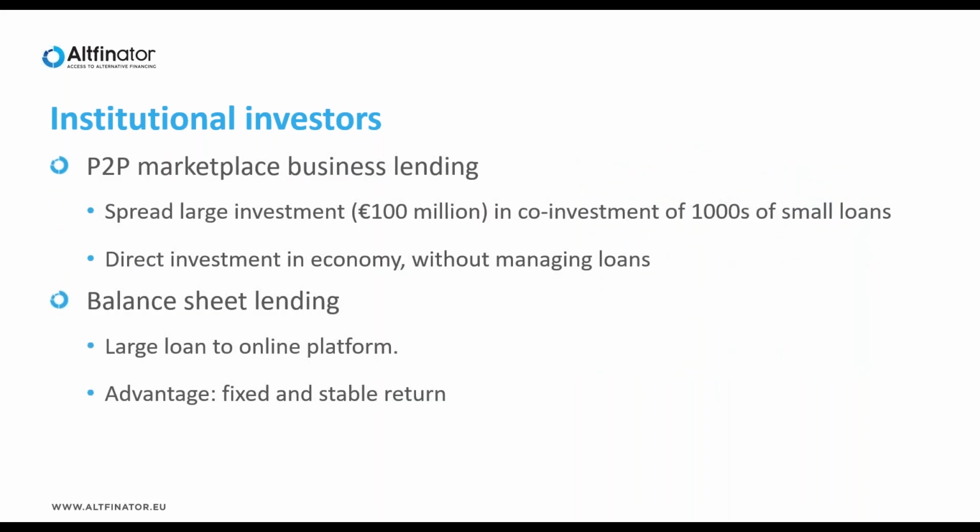So how does it work? What is the advantage for pension funds, for example, to work together with a peer-to-peer marketplace? One of the advantages is that they can automatically spread their investment. Most of the time, 100 million or 500 million are the ticket sizes that they want to invest in. That's something that they can put a risk manager and a portfolio investment manager on top of.